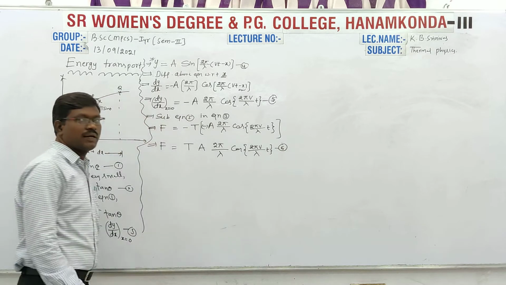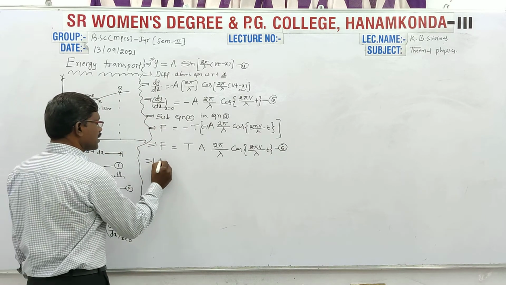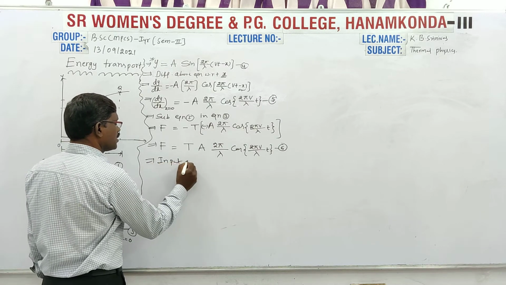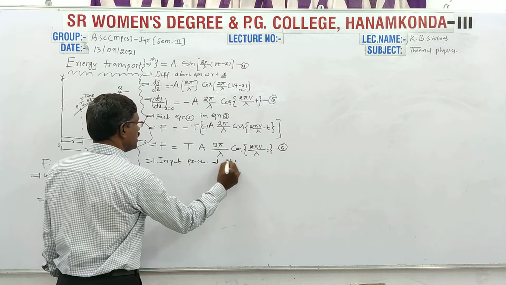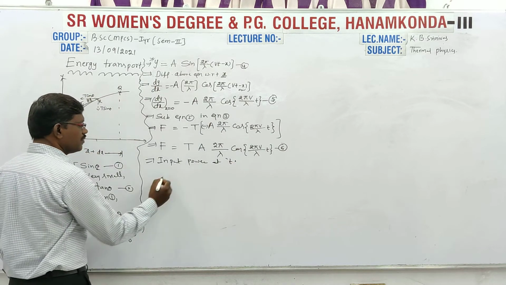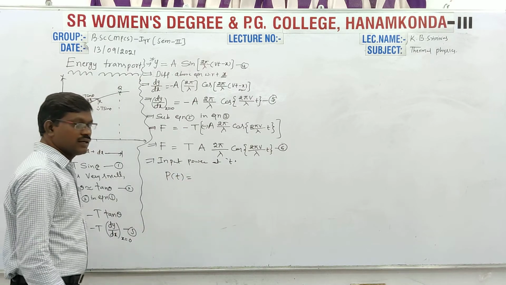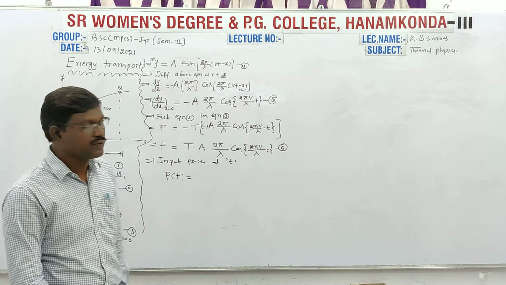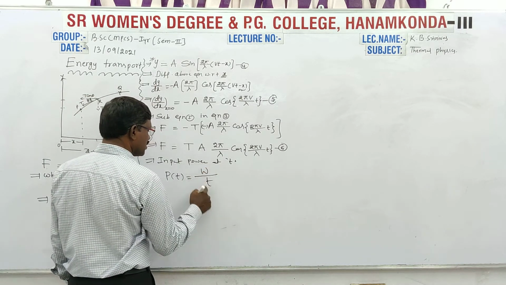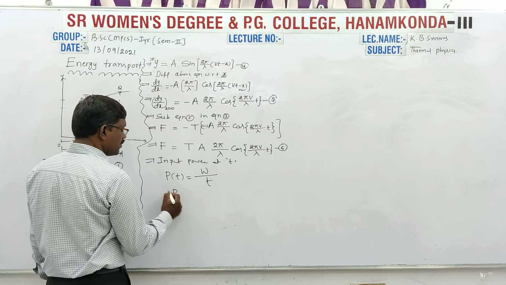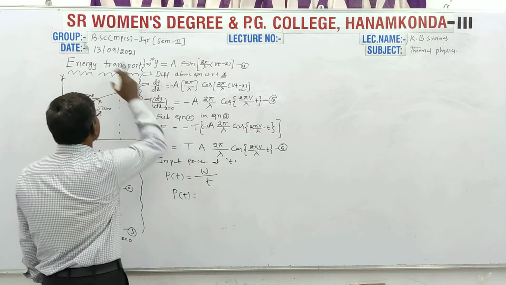Now I want to calculate power. So input power at a time t. How do we calculate power? Just remember the basic definition for power, that is rate of work done. Rate of work done is called power. So I want to calculate input power of the wire so that I can calculate energy transport.